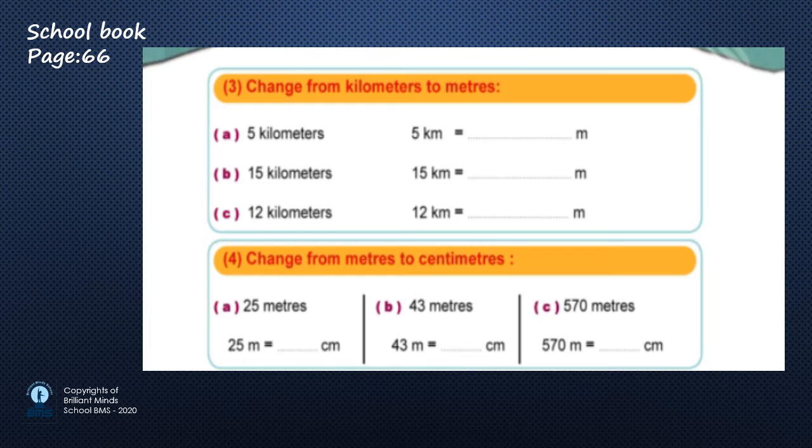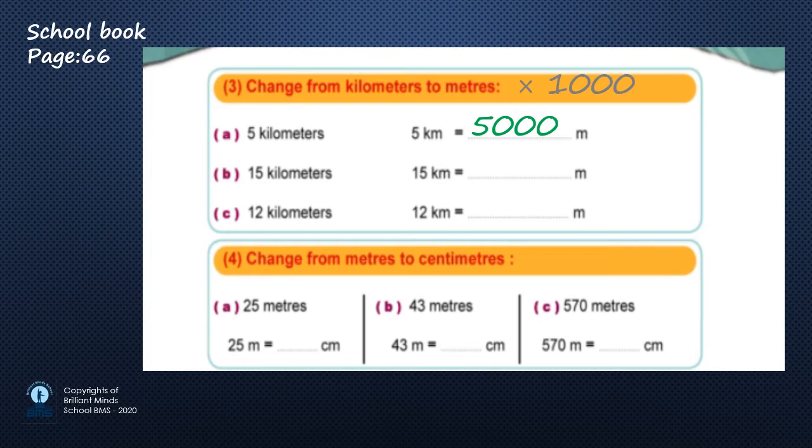Okay? First question, number A, 5 kilometers equals how many meters? We multiply by 1000. That means we drop 3 zeros, then multiply 5 times 1, which equals 5. So the answer, 5000 meters. Okay? B, 15 kilometers.